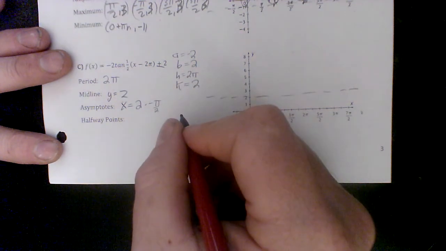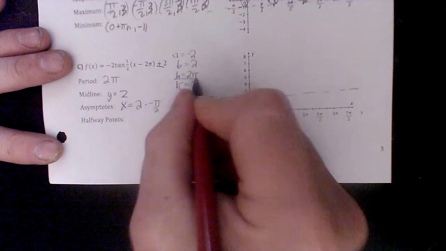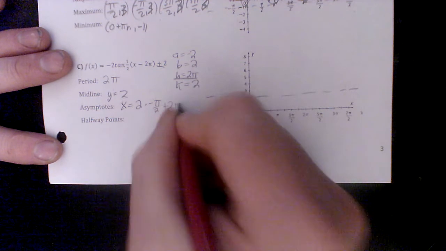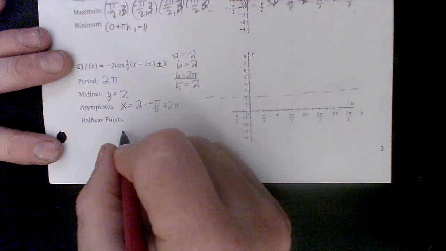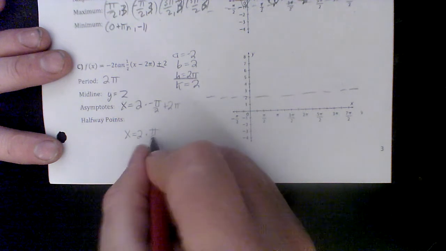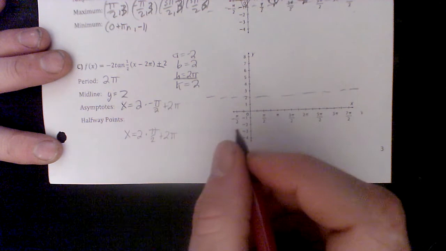And then we have to move it over h, so plus 2 pi. And it's also B times pi halves plus 2 pi. So these are my asymptotes.